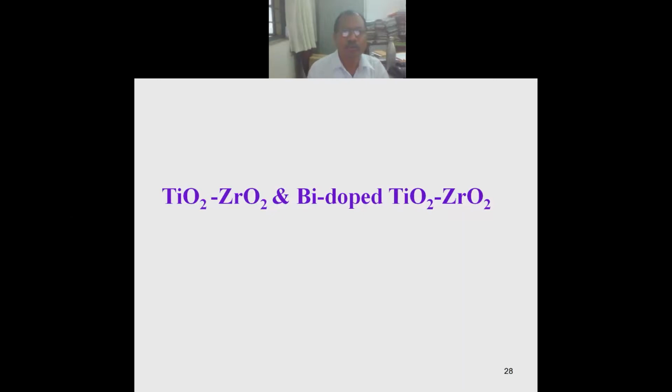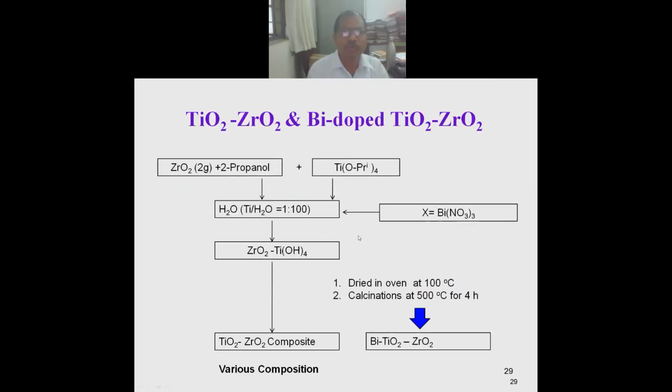It is not visible active. TiO2 anatase again is not visible active. We tried to make a composite of TiO2 and ZrO2, then we doped this composite with bismuth and we found certain effects. This is the synthesis of TiO2 and ZrO2.